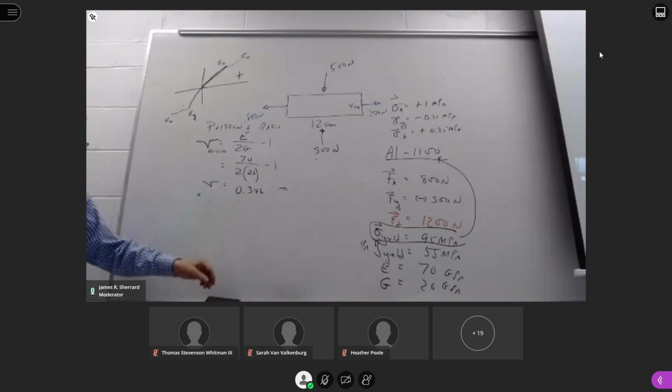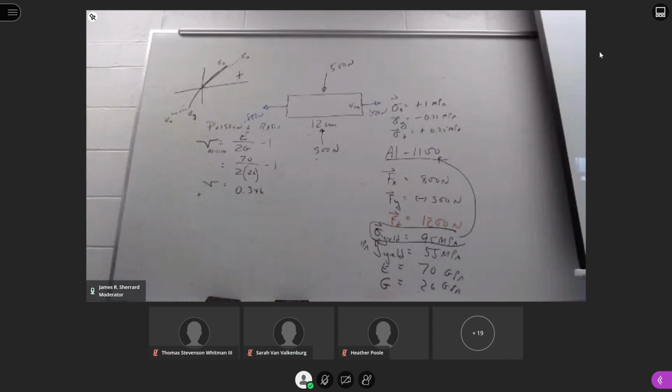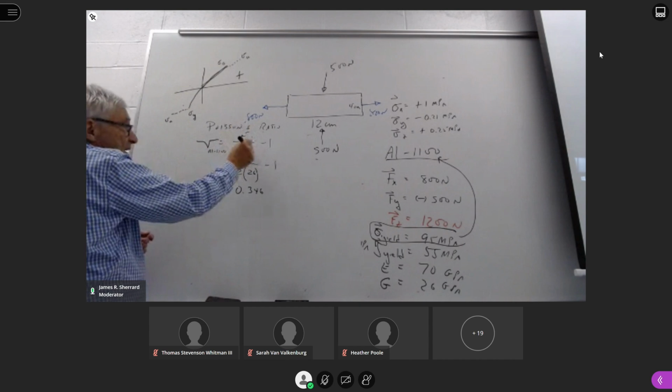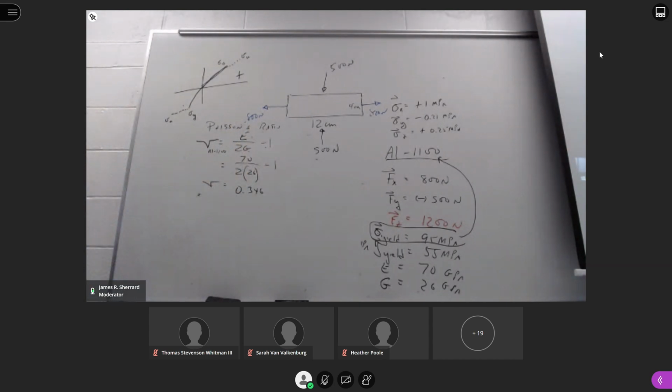What are the units for Poisson's ratio? It is dimensionless, because this is going to be gigapascals divided by gigapascals, which cancels out, minus 1, so it's going to be dimensionless. Remember, this always has to be positive. So if you ever get a negative number there, you know you've done something wrong.